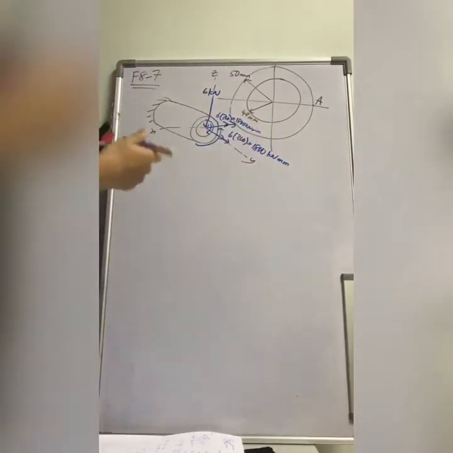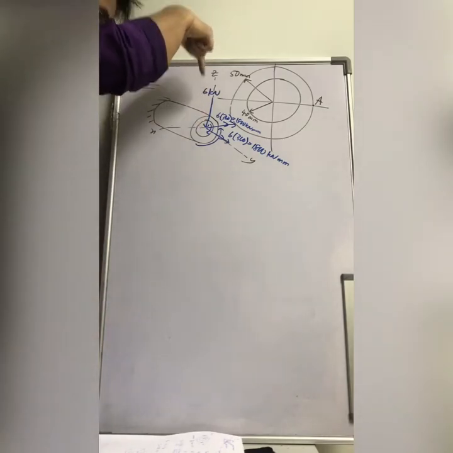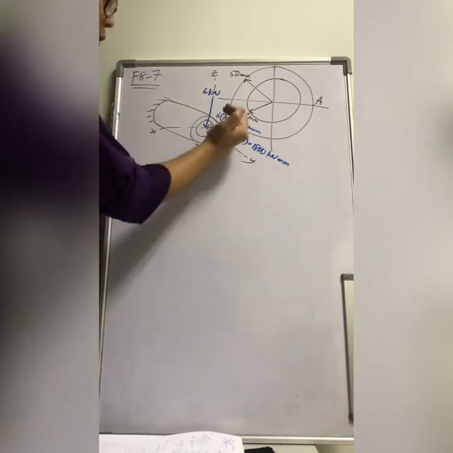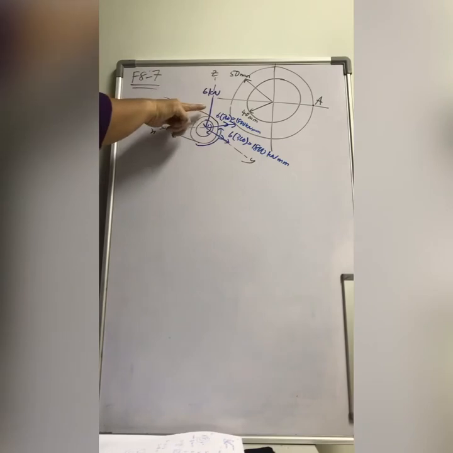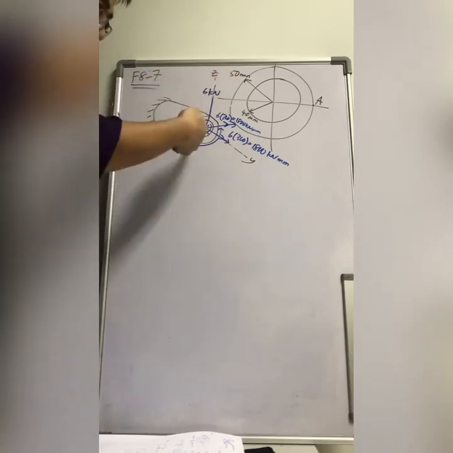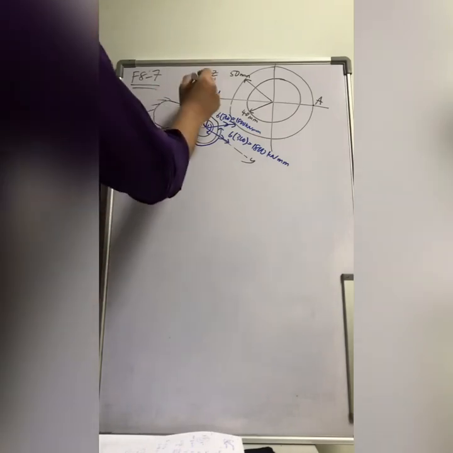Same, right? So you have three internal loadings. One is transverse shear force of 6 kN going down. You have torsional moment of 1800 kN millimeter. And then you have bending moment, top tension, bottom compression, 1800 kN millimeter.